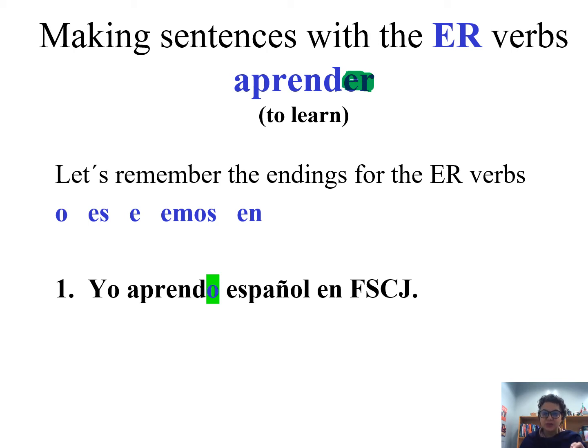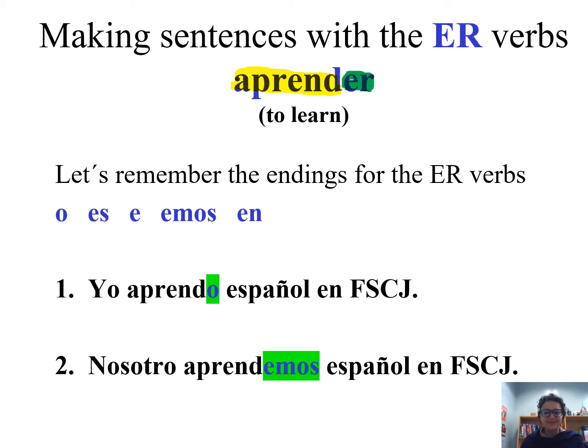When I use it in the yo form, I change the ending for o, but if you noticed, I keep the stem. We always need to remember to keep the stem. It doesn't matter who does the action, and any verb we are using, we keep the stem, we change the ending. Okay? Vale? Vale means okay. Nosotros, I'm missing the S in this one.